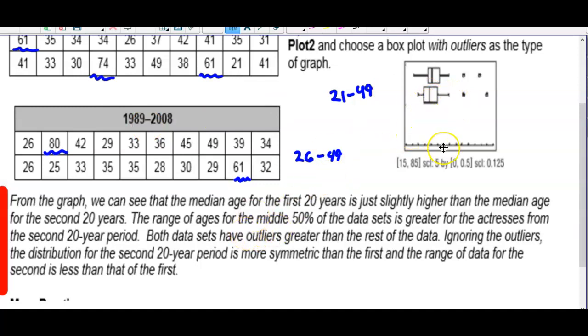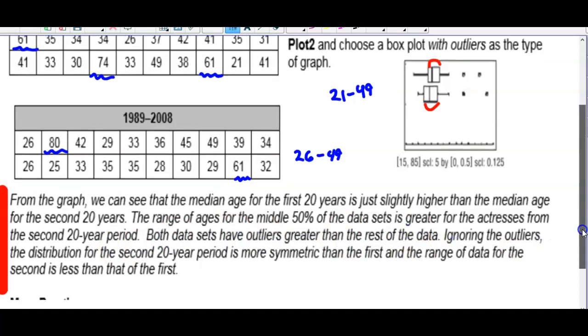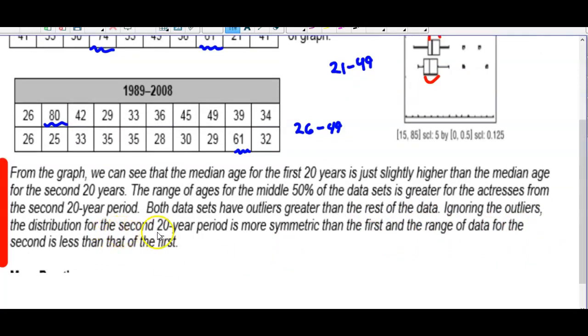But they say if you look at the box here, the width of the box is much more concentrated here, and it's a little more spread out here, okay? So the range of ages for the middle 50% is greater for the first set. Both data points have outliers greater than the rest of the data. Ignoring the outliers, the distribution for the second set is more symmetric, okay?